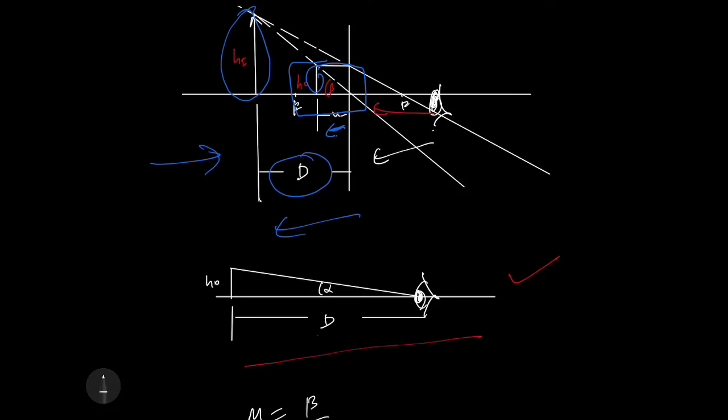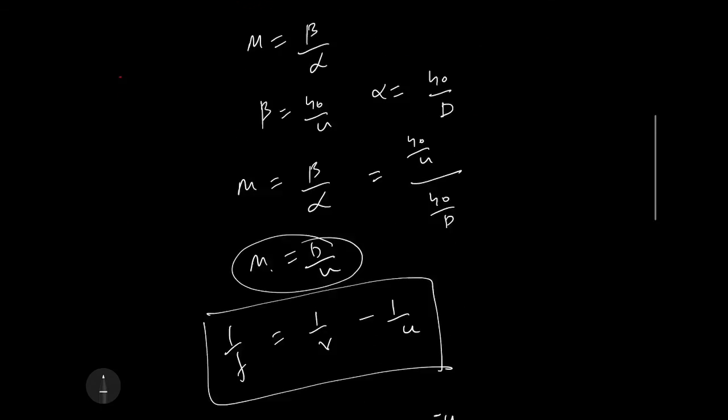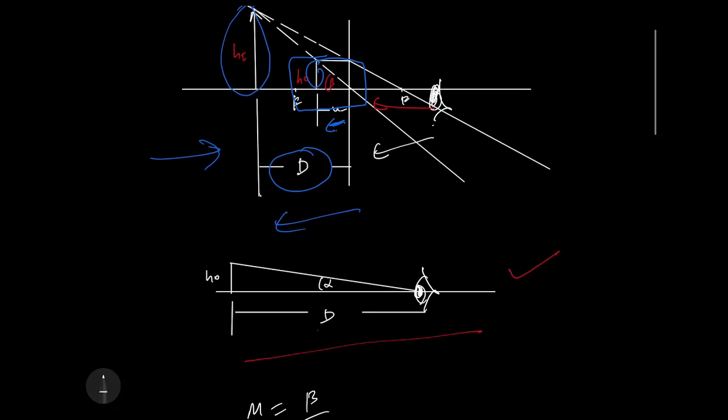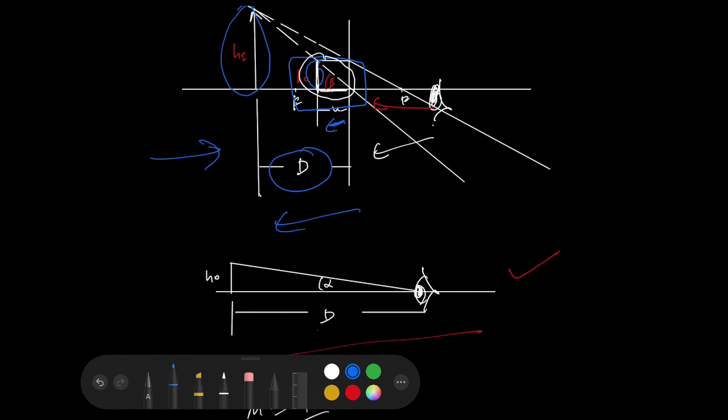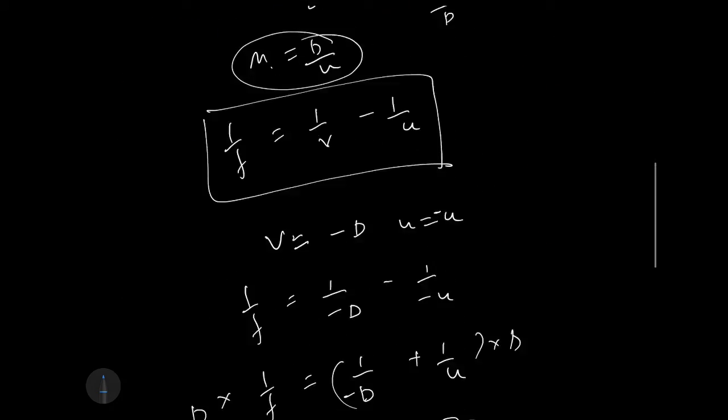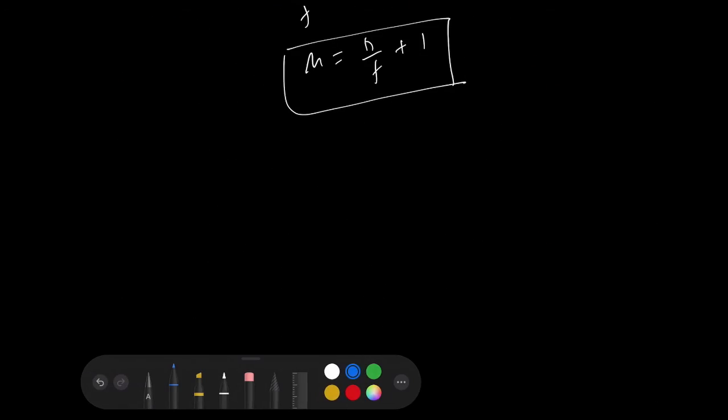Now if you recall, for this derivation we took beta as h0 upon u, using this triangle. But it is also possible to take this other triangle, where this is hi and this is d, and this is your beta. This is the derivation given first in the book.